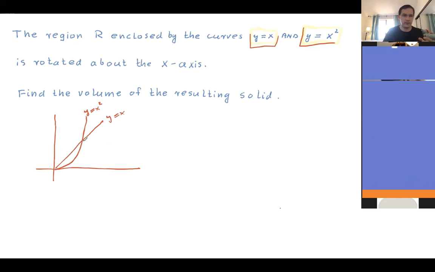So I want to do the revolution about the x-axis of this region, and then I'll obtain a three-dimensional solid. I want to compute the volume of this solid obtained in such a way. First of all, we need to find this intersection point, which is very simple because one function was x and the other function was x squared.